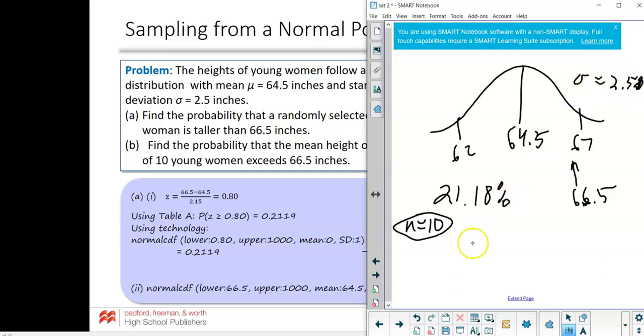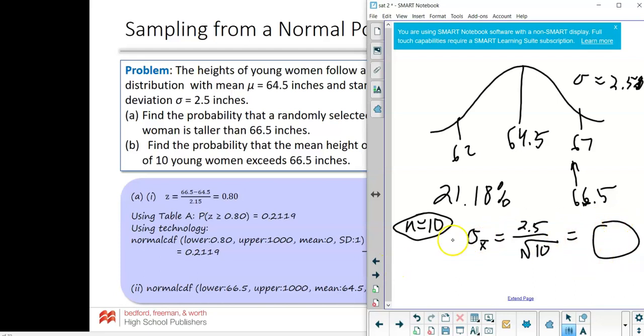Okay, so get your calculator out. The standard deviation of x bar will be the population standard deviation, 2.5, divided by the square root of n, and n was 10 here. So then you get your calculator out and you get that number, right?